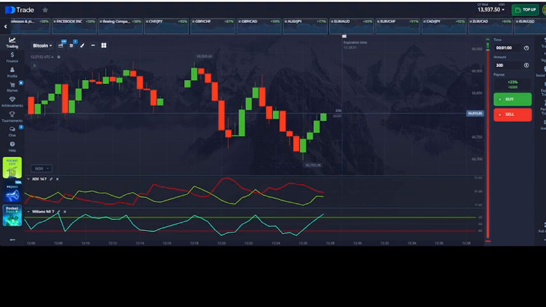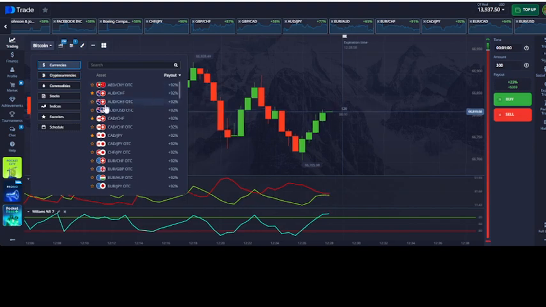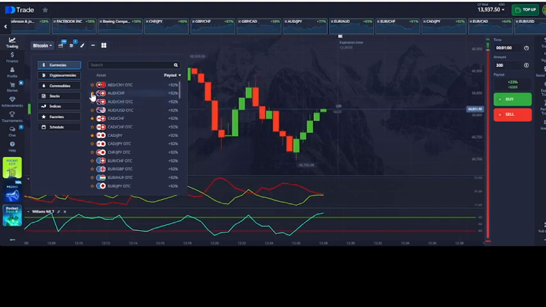Okay, so when I go to my Pocket Option platform, I click on currency pairs here. And what I did is I checked off all my regular currency pairs so that they show up at the top of the chart here, like Swiss franc, Great British pound.